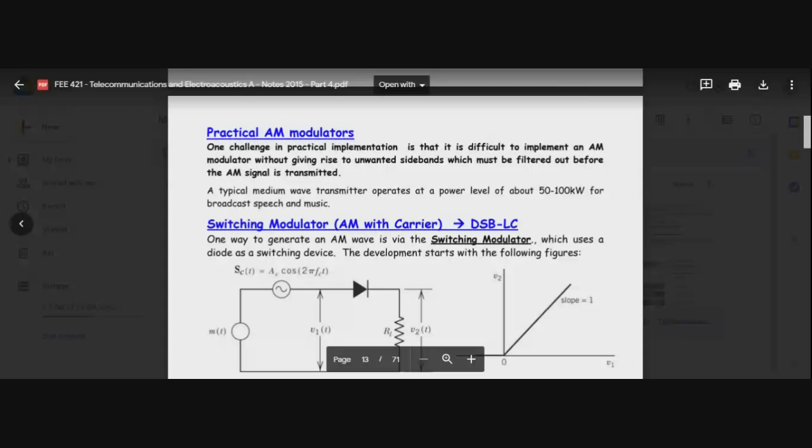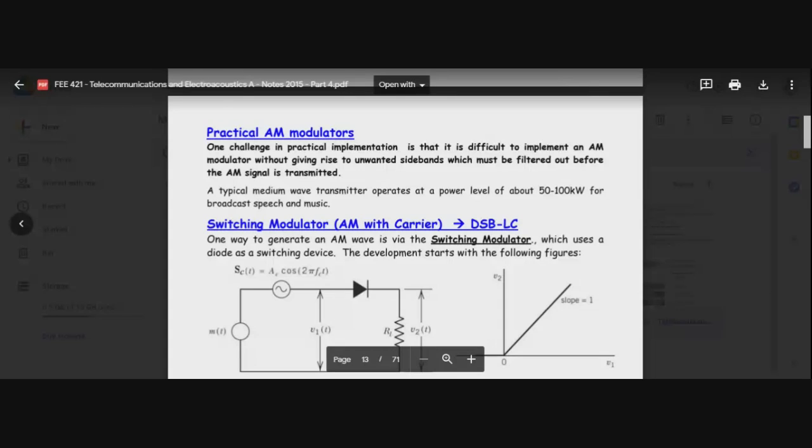Remember, when we were producing the AM signals, we showed that you can just multiply two signals together. That is possible in principle, but in practice, what is done is not really a direct multiplication, because there are problems with those multipliers. So you can achieve that multiplication and even the addition of the carrier by doing some clever tricks. If you try to get an AM signal using practical implementations, there are usually some unwanted sidebands that end up coming.